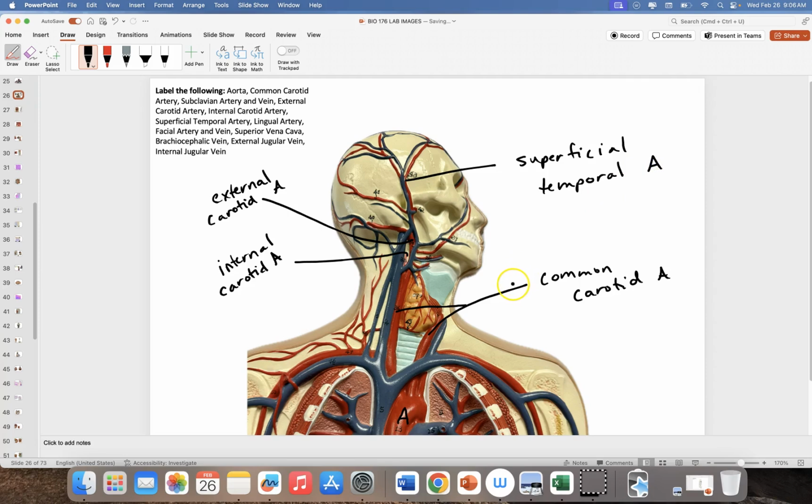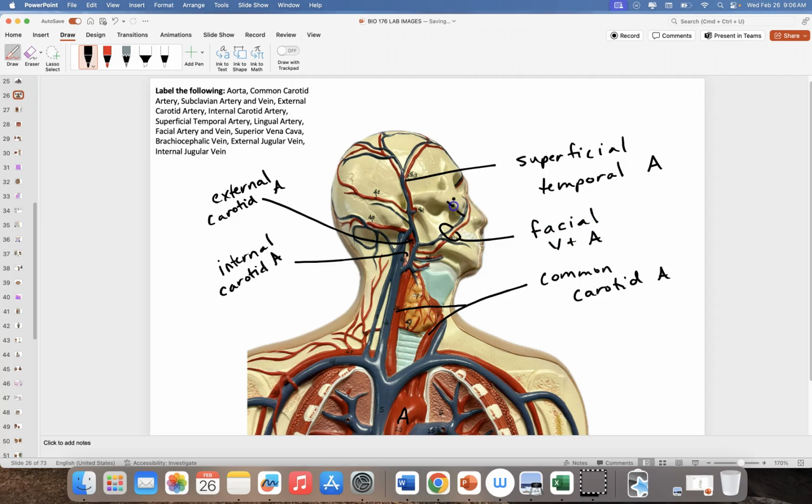We also have vessels that are going to deliver blood to the face and the tongue. Here we can see our grouping of vessels delivering blood to the face. I'll go ahead and encircle those. They are going to be our facial vein and artery.